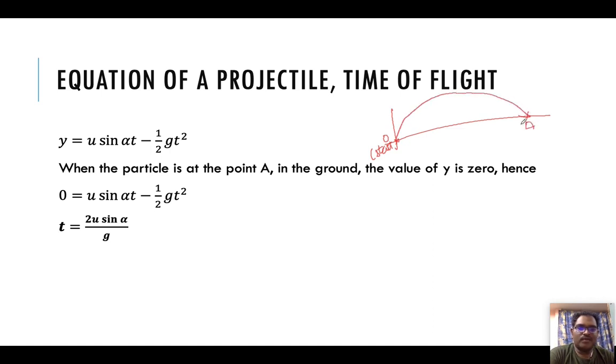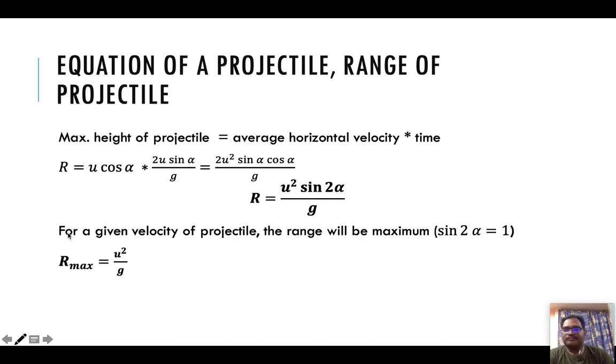So this is your point A, which is your end point, and y is basically the distance over here. Here at this particular point A, the value of y is 0. You don't have any vertical distance, so you can substitute in this equation. Hence you will be finding out what is the time of your flight. Fine.